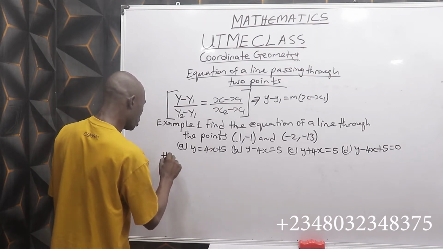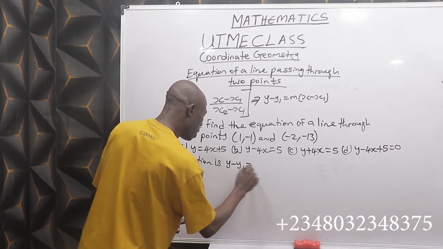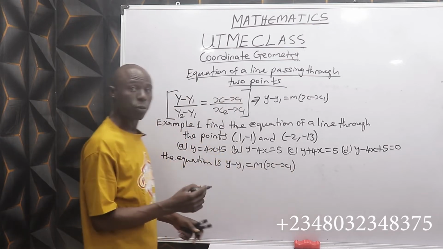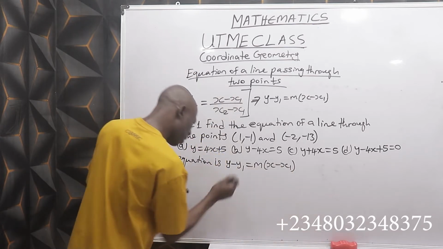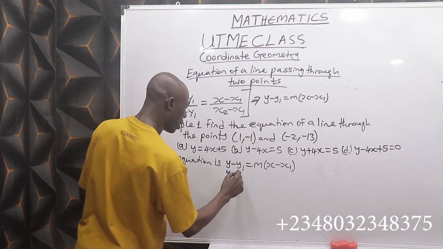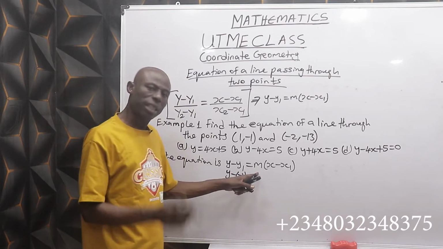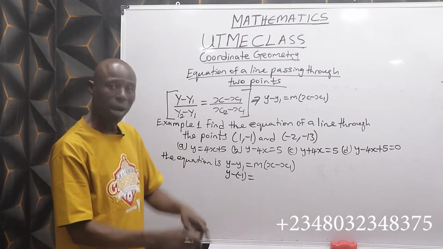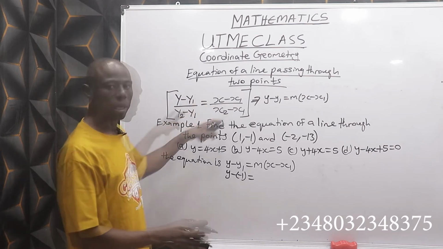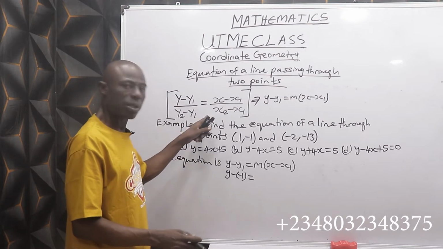The equation is y minus y1 equals m into x minus x1. The y1 is minus 1, equals m. The m, the gradient, is what you are expected to find separately if you don't want to cram this seemingly complex formula. But if you want to cram it, it is good.